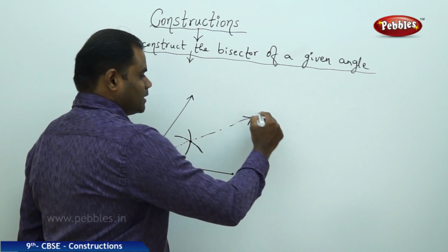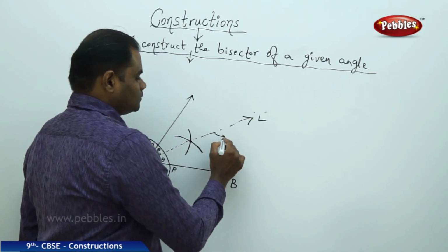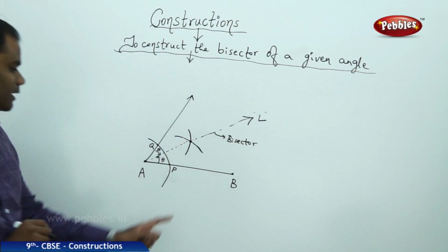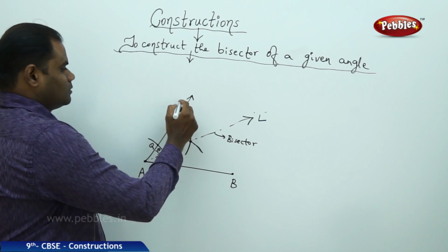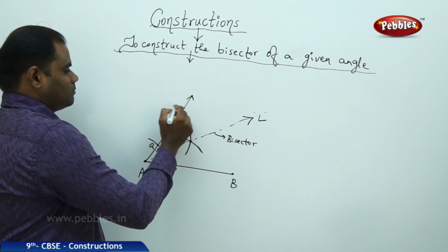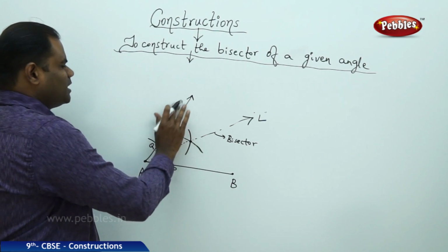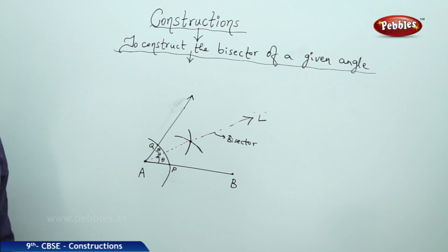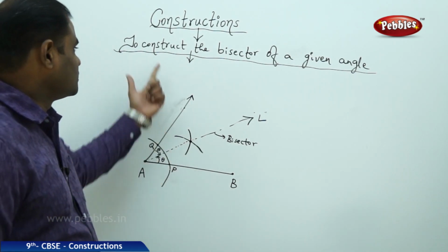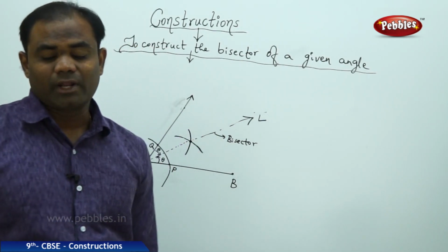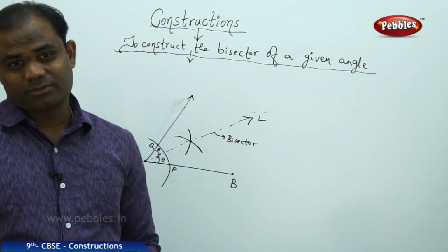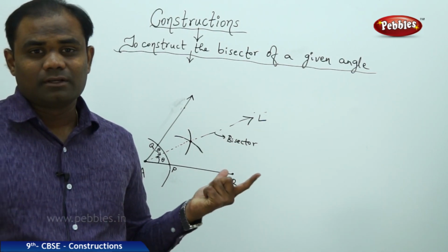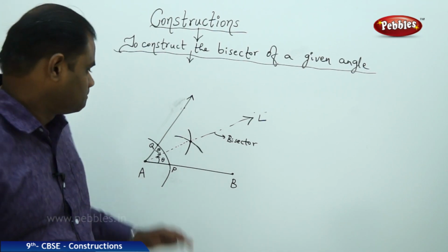Let me take this as L. This is the bisector of the angle BAQ. This is how we construct the bisector of a given angle. For any angle, the bisector can be constructed. So let's see each of the steps listed out in constructing the angular bisector AL.